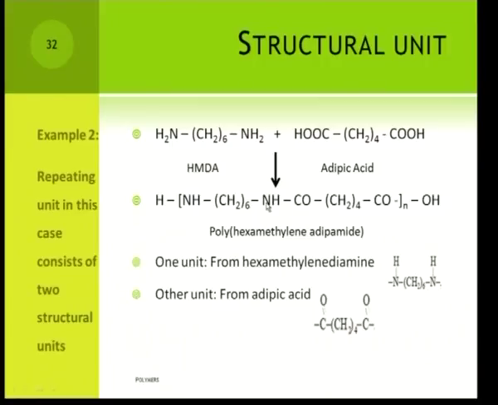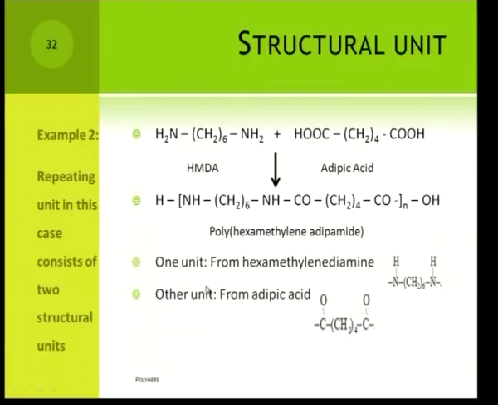Hence, we can see this is the structural unit that is different from the constitutional repeat unit of each monomer used for the preparation of this polymer. The common name of this polymer is polyhexamethylene adipamide, and the commercial name is nylon 6,6, a very famous and important polymer.